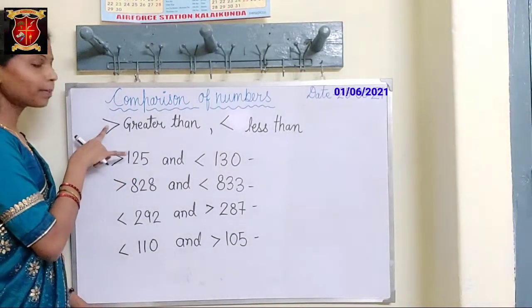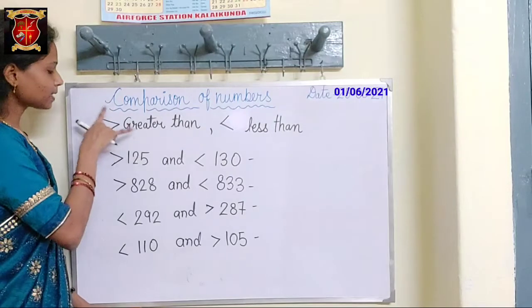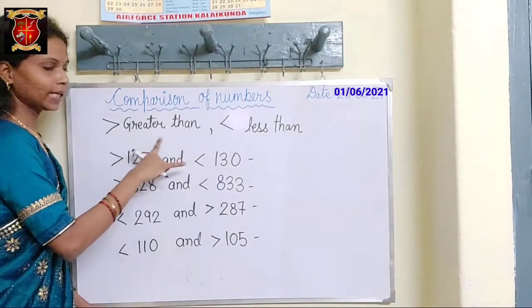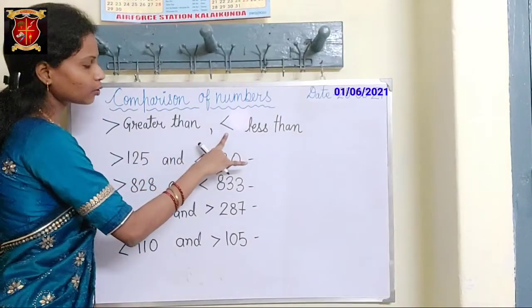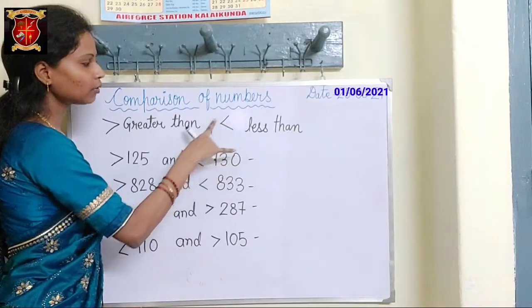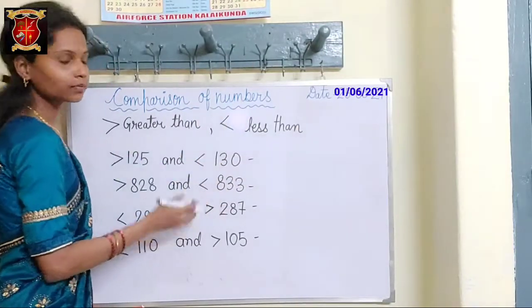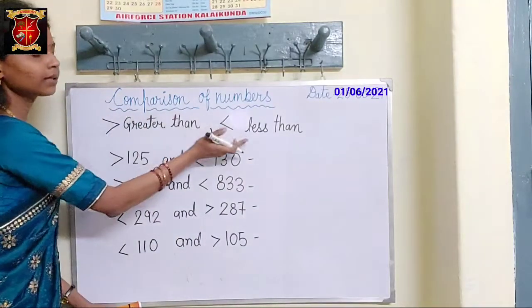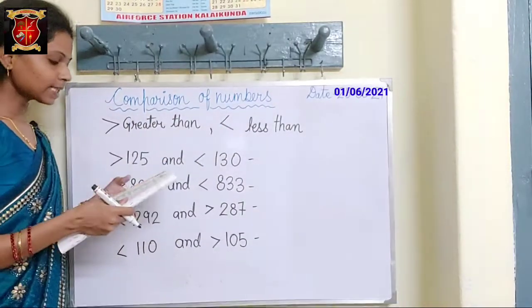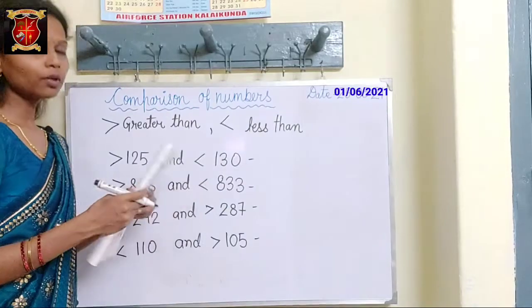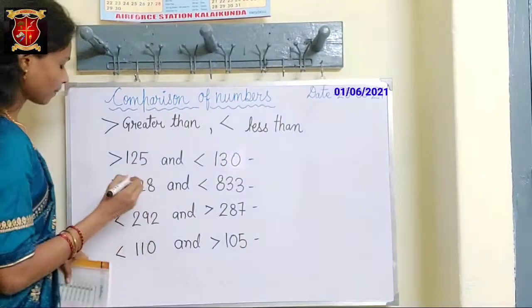The mouth is open this side, that means it is the sign of greater than. Then you can see this sign, the mouth is open that side, this is less than. Greater than, less than.